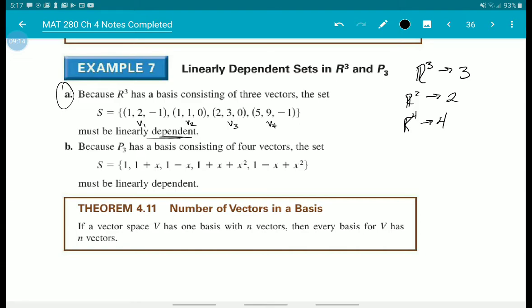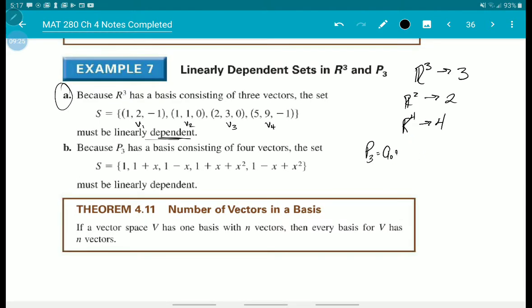So if you think about P3, it is the set of polynomials that are degree 3 or less. So your standard basis for P3 would consist of the constant 1, x, x squared, and x cubed. So for P3, you have to have 4 vectors.